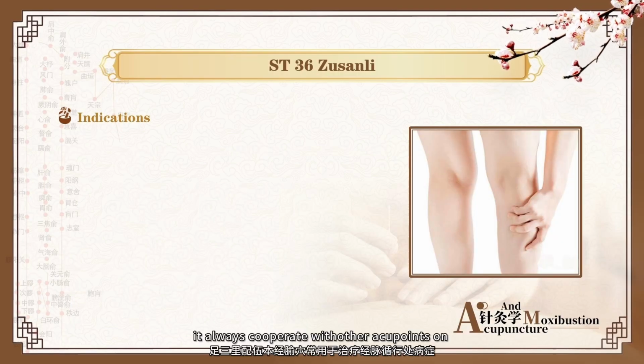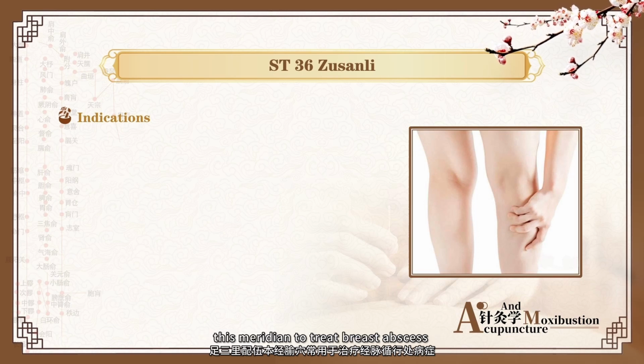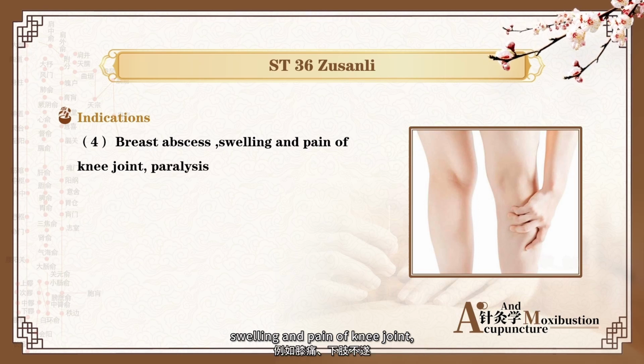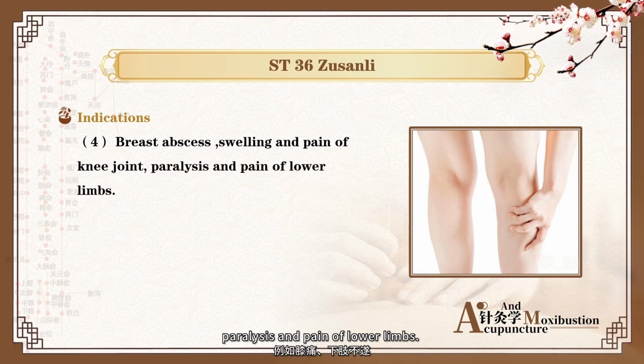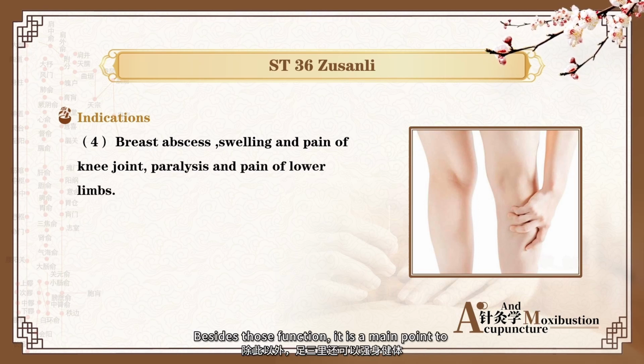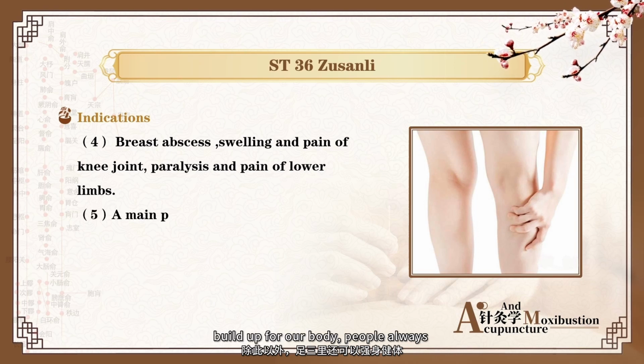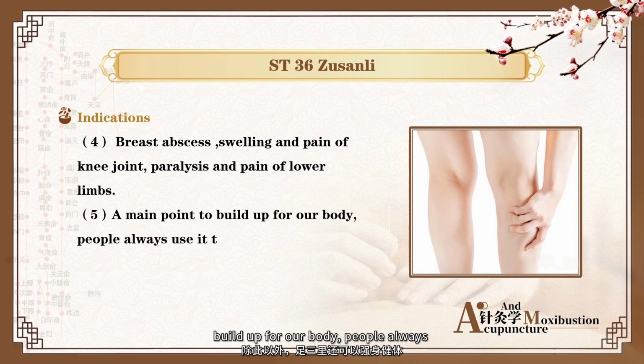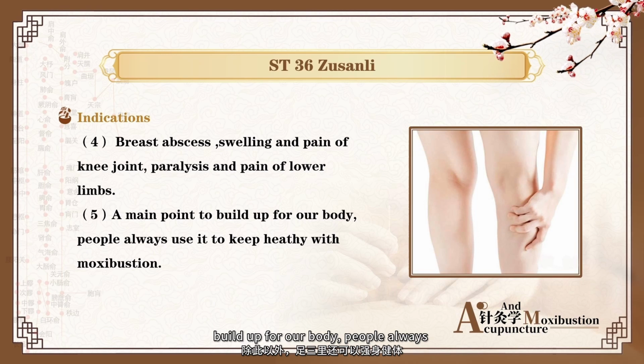It is always combined with other acupoints on this meridian to treat breast abscess, swelling and pain of the knee joint, paralysis and pain of the lower limbs. Besides those functions, Zusanli is a main point to build up our body.